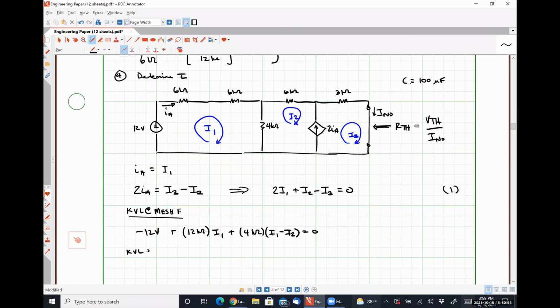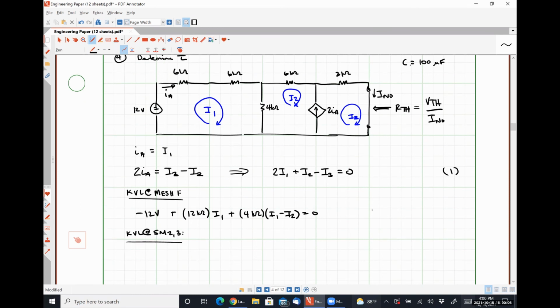Now we have KVL at super mesh 2, 3. Something else getting going on that? Four kilo ohms times I2 minus I1.